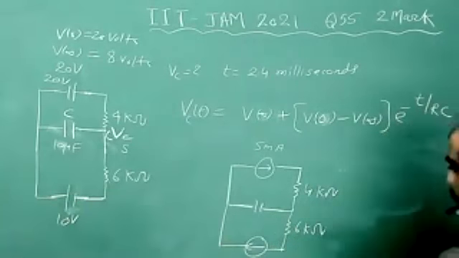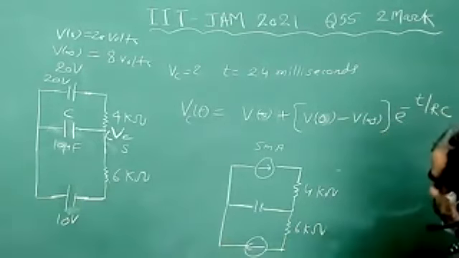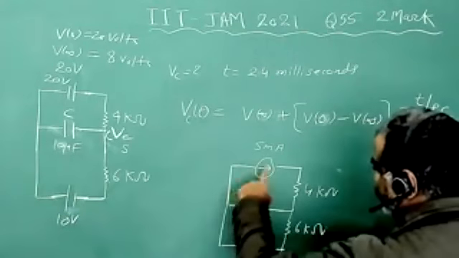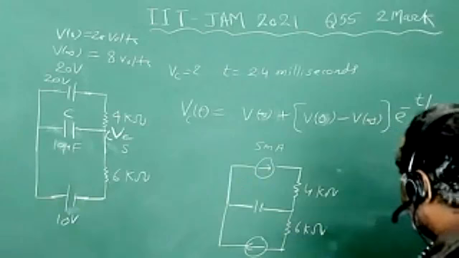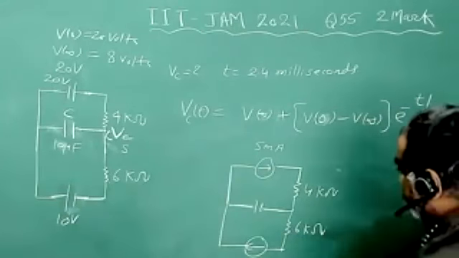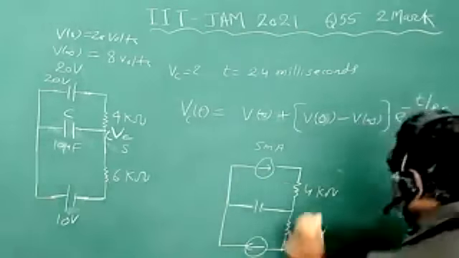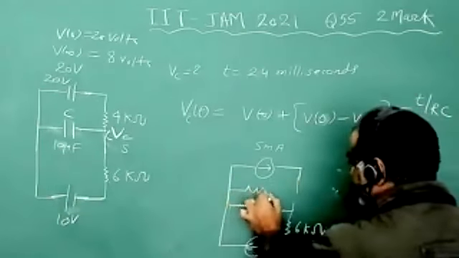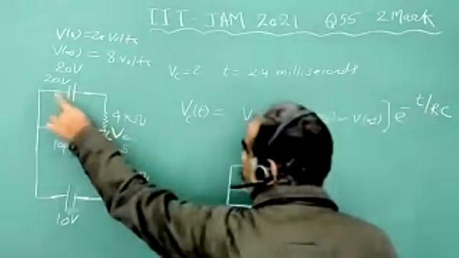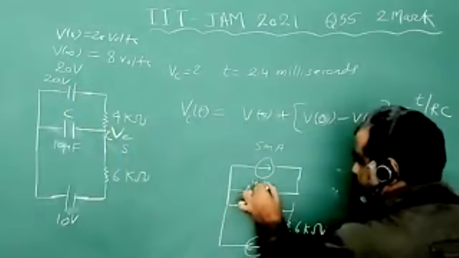Now, because these two sources are connected, this resistance will go into parallel, because I'm changing the source to a current source. So this becomes 4 kilo ohm.